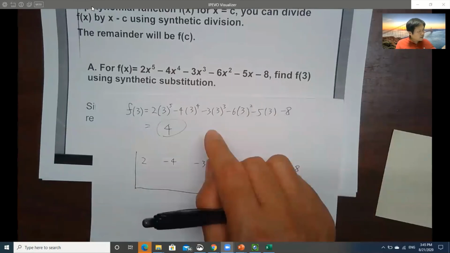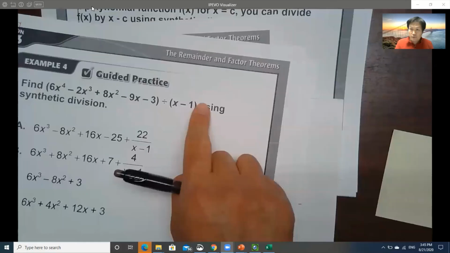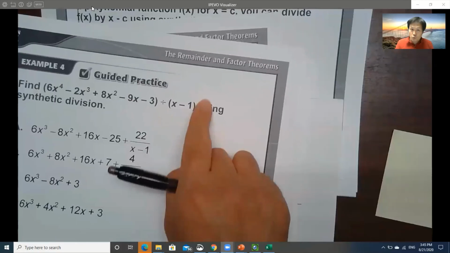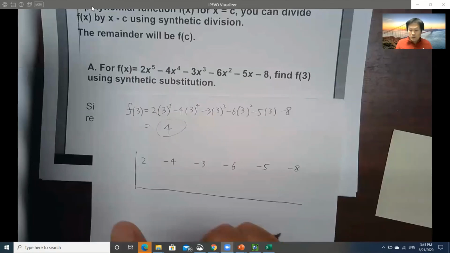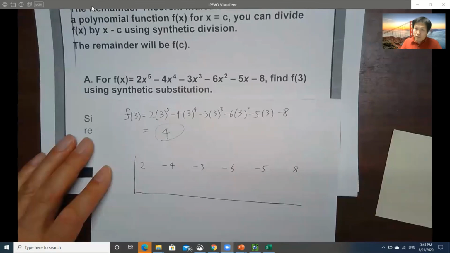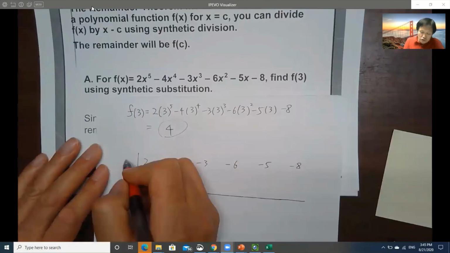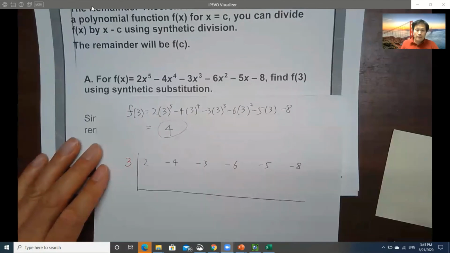Like if it was x minus 1, you have to let that equal to 0, solve for x equal to 1, then you have to use 1. Well, we gave you value of x here, which is 3. So don't get confused. X is 3. You might say, what do I do then? Just use 3. Okay, be careful.